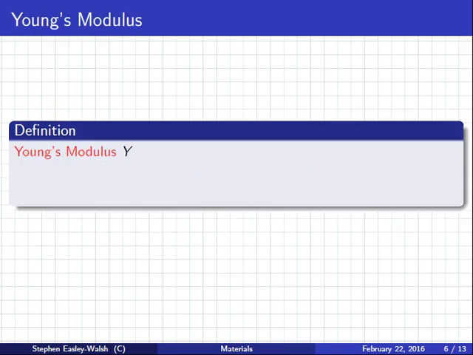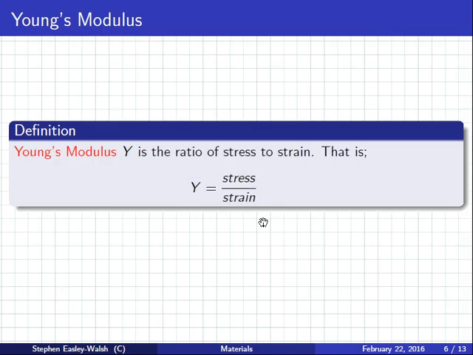Now, I use the letter Y, but a lot of books use the letter E, but I don't like using the letter E because I want to keep that for energy. So I'll use Y. Young's modulus is the ratio of stress to strain. In other words, Young's modulus is stress divided by strain.